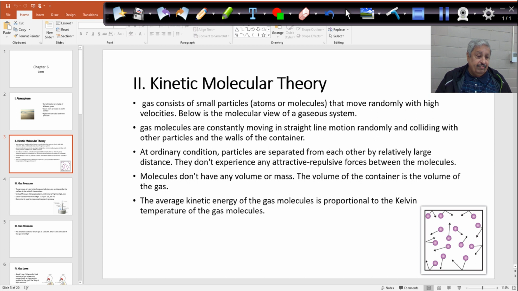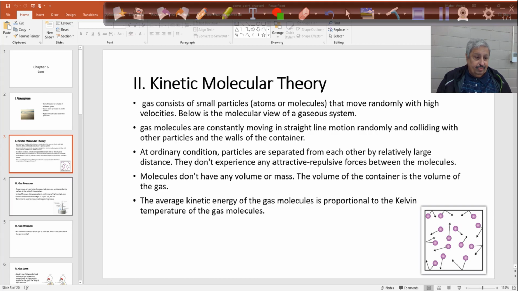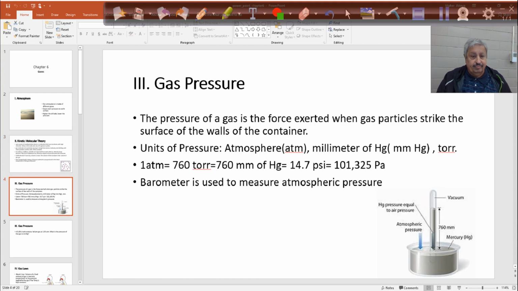Then, after we have done that, we have to look at the types of pressure. It is gas pressure. So for gas pressure, we have atmospheric pressure, correct? Everyone is following? We have a manometer inside the lab. If you look, this is a barometer, not a manometer.